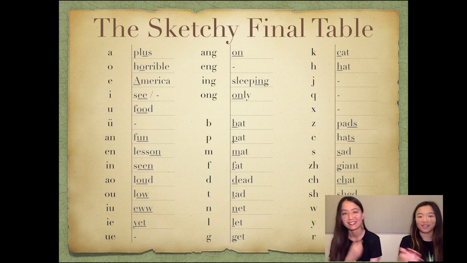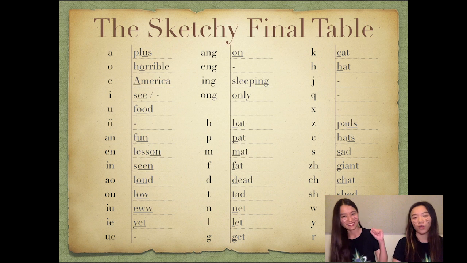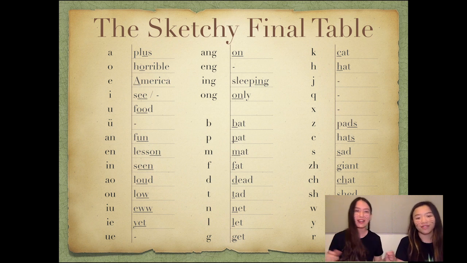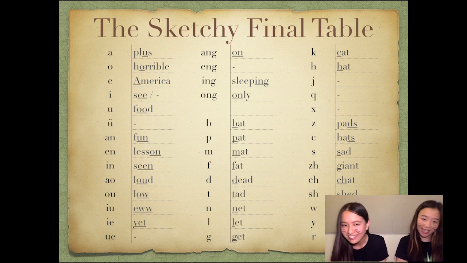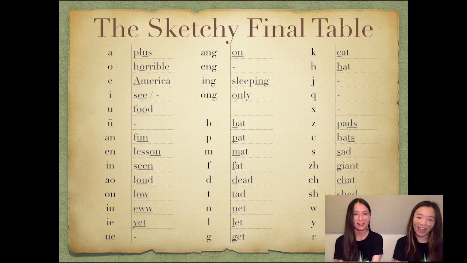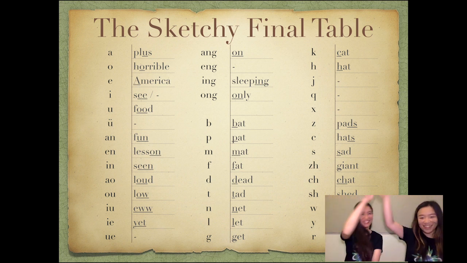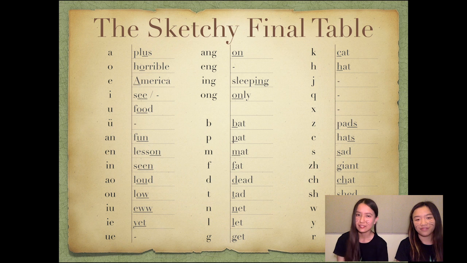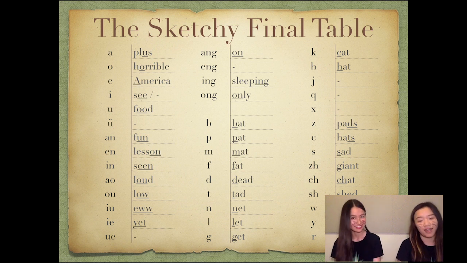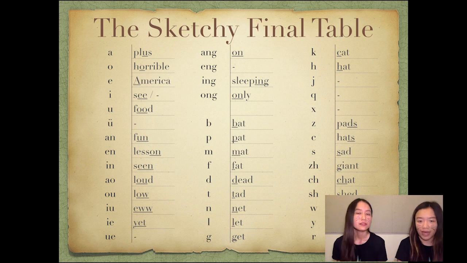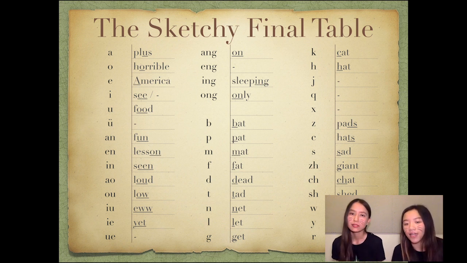And then here are the really easy consonants. We're just gonna go over it. So pat, mat, fat, dad, tad, nut, let, get, cat, hat. And the G, T, C, which are not G, T, she. And then we have the sounds like in pads, hats, and sad.